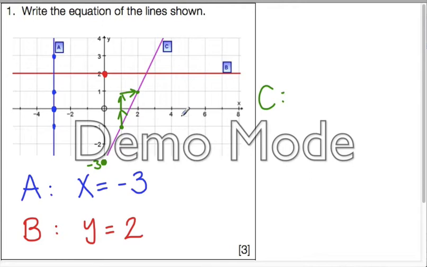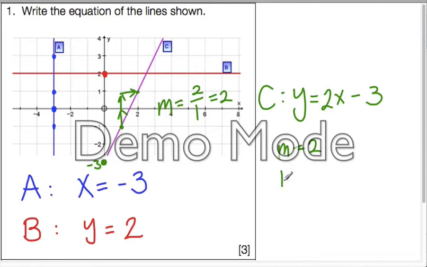So since my slope is 2 over 1, which is 2, line C has the equation y is equal to 2x minus 3. 2 is my slope, m is 2, and then y-intercept b is -3, so you can just put it together like so. That was number 1.